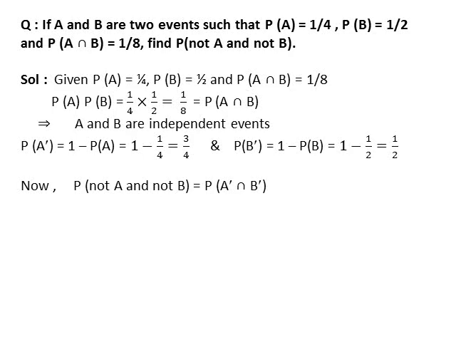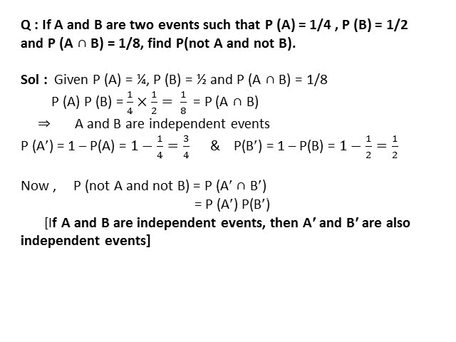As A and B are independent events, then A complement and B complement are also independent events. So, P(A complement intersection B complement) equals P(A complement) multiplied by P(B complement) equals 3/4 multiplied by 1/2 equals 3/8.